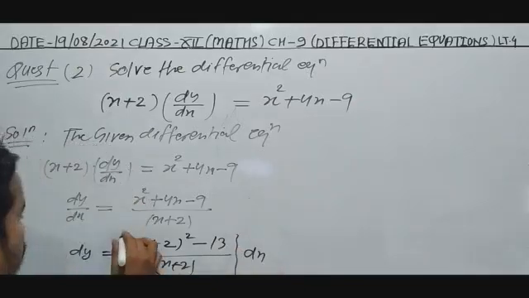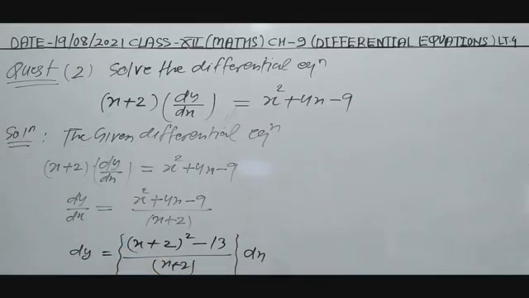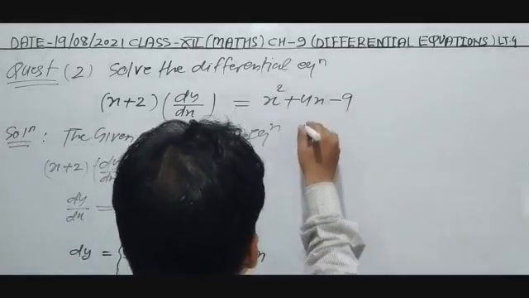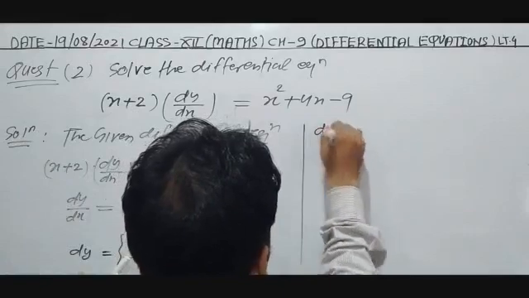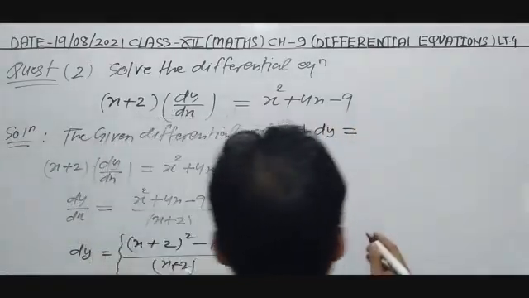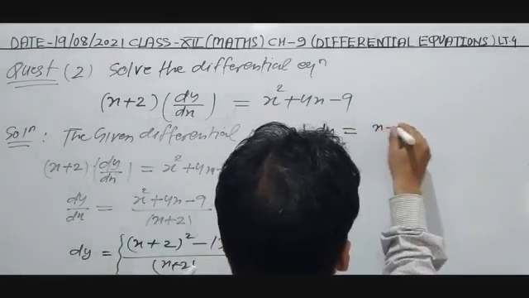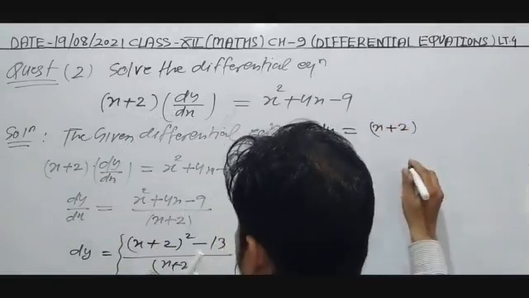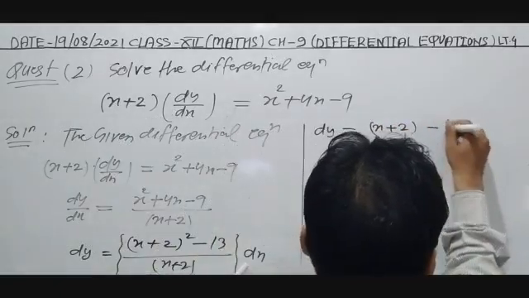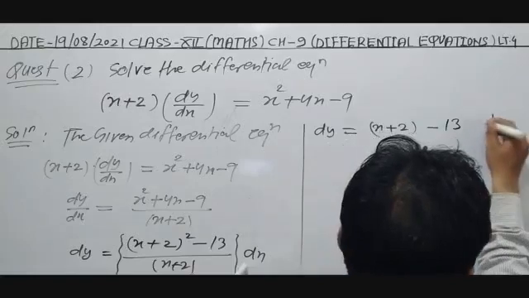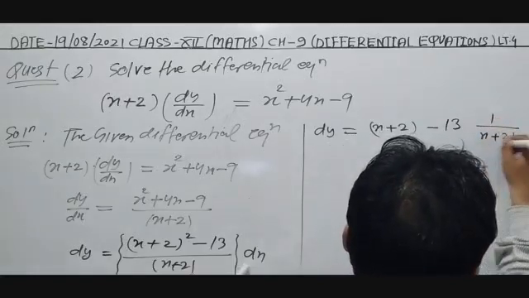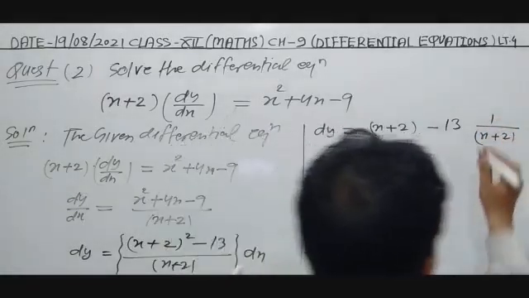Now this is the format dy = f(x) dx. Now we have to change this. dy can be written as (x + 2) divided by (x + 2), the result will be x + 2 minus 13 times 1/(x + 2), with the dx.